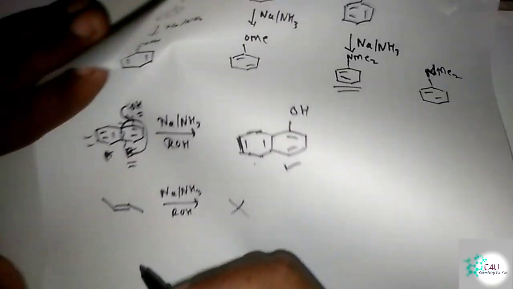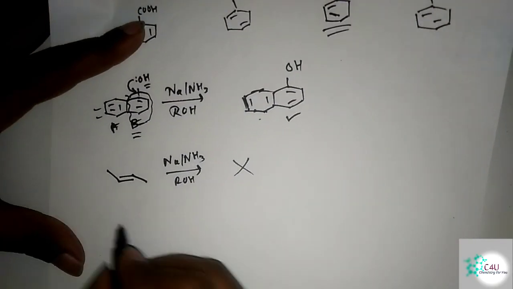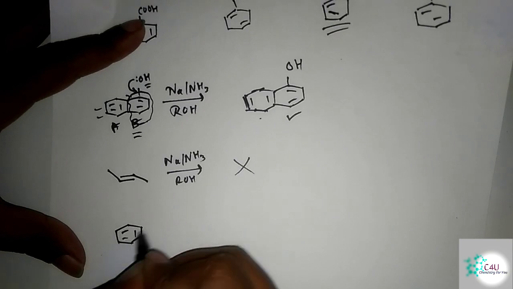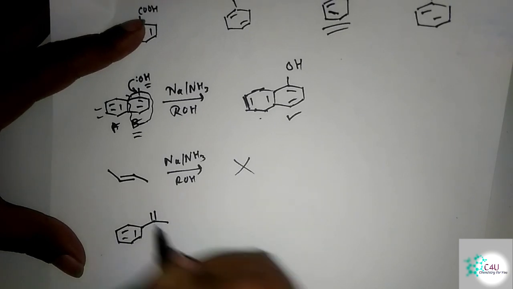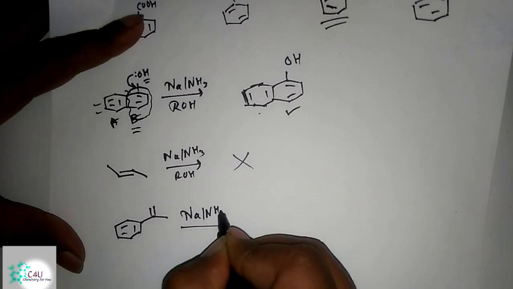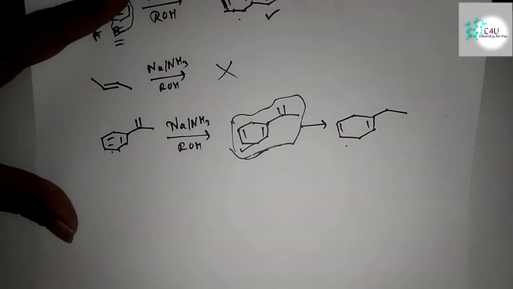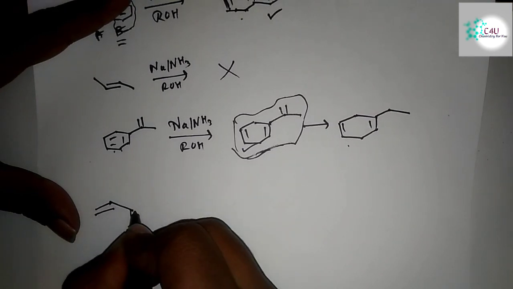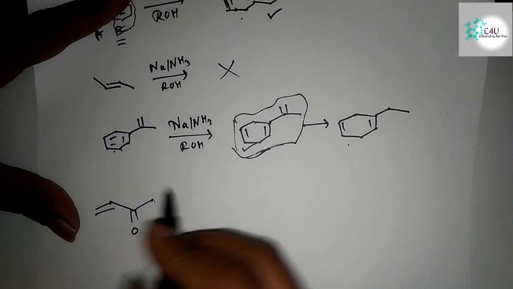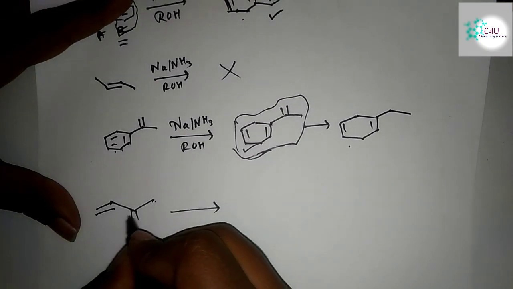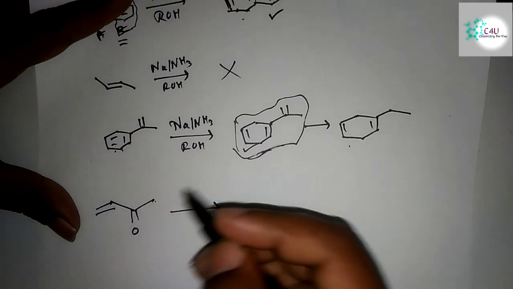But remember guys, if you have a double bond in conjugation with another double bond, or let's say a phenyl ring, with Na/NH3, ROH, and even if you have something like an enone, then let's say this double bond is again in conjugation with carbonyl.